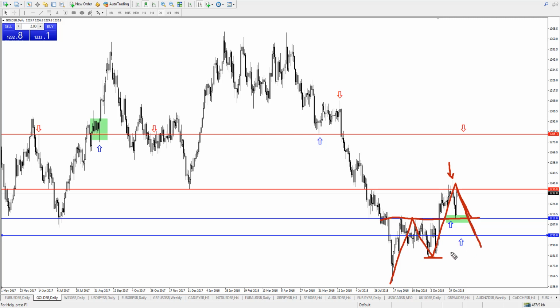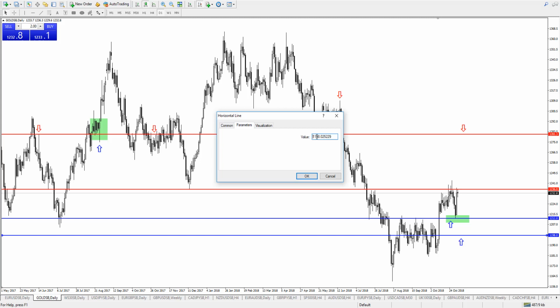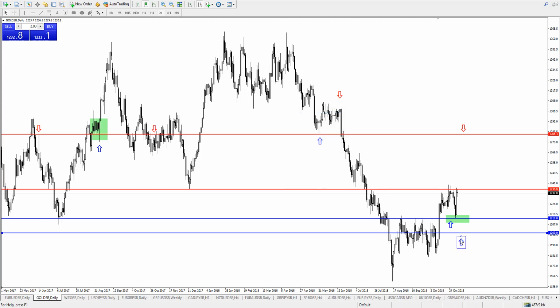As long as we're above the previous higher low, I want to be looking at price action at 1212, and I also want to be looking at price action at the 1200 round number as well, because it's a nice psychological level. Okay, 1200. That's where I want to be looking for opportunities to also go long.